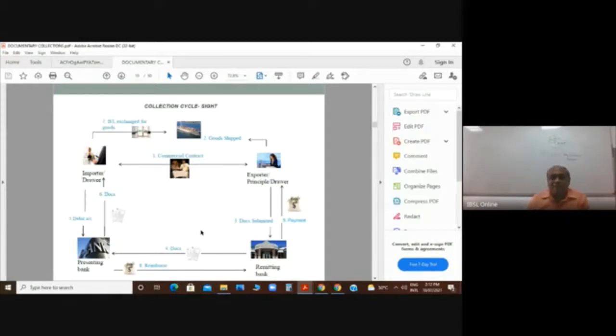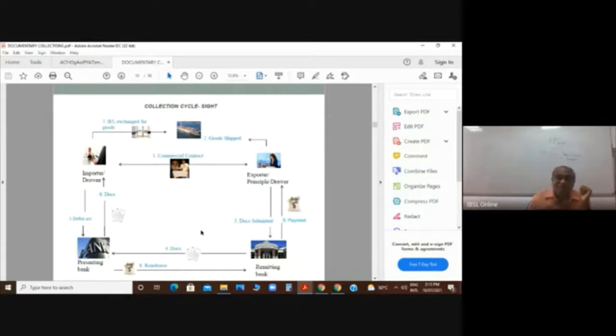Then, the remitting bank will send the documents to the presenting bank. Presenting bank is the importer's bank, with the instructions on how to deliver the documents. Based on the instructions, if it is a sight collection, then we will ask the importer to pay.